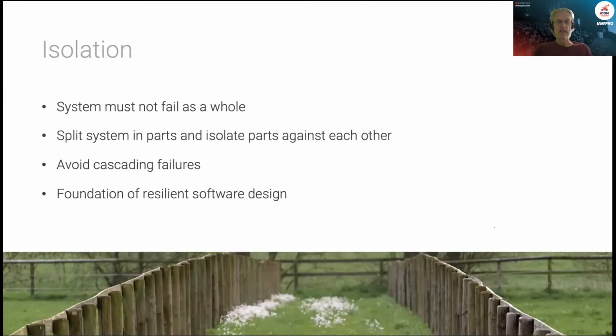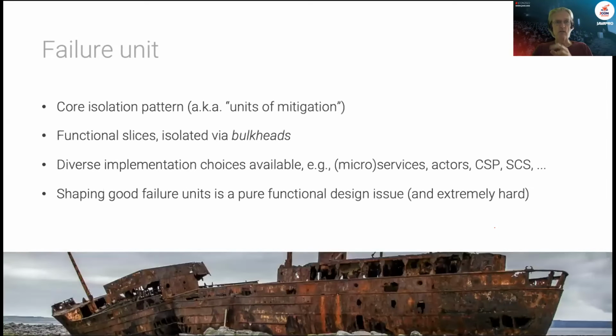To do that, you implement these parts, call them failure units or units of mitigation. These functional slices you then isolate via bulkheads, making sure that errors do not spread around. On the technical level, you have a lot of choices like services, micro or not.